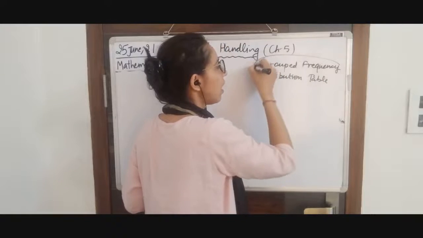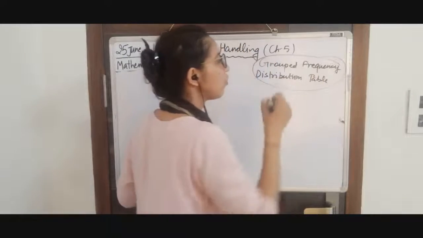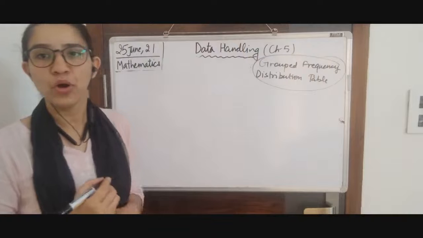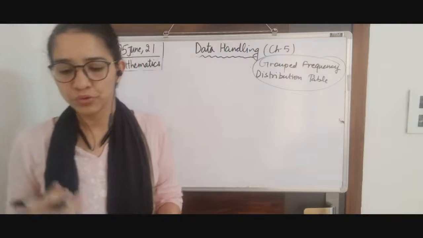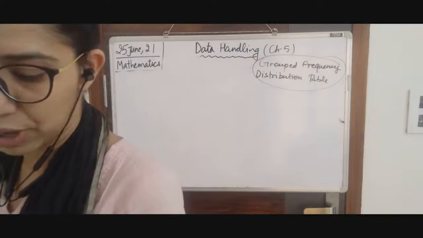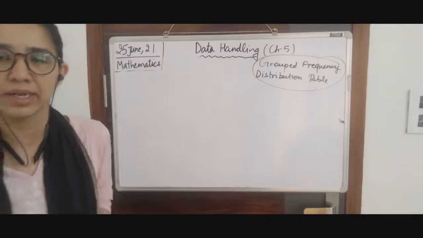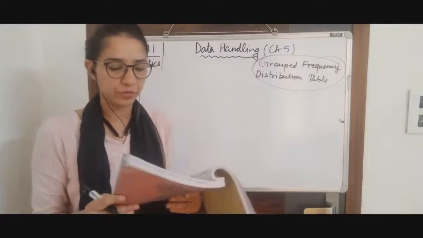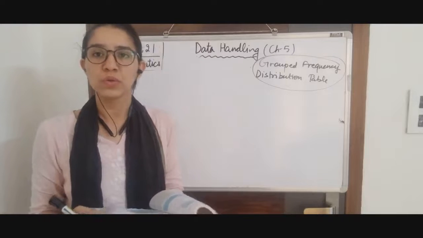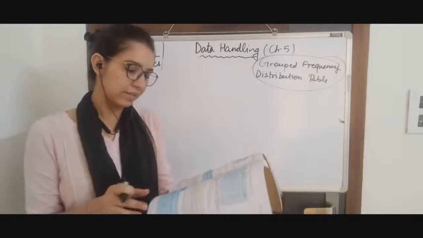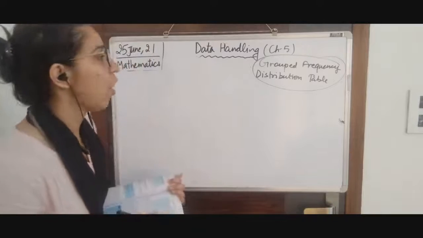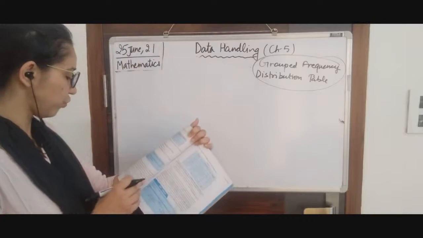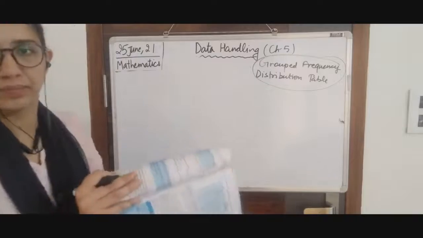While we are focusing on how to represent them, we should also focus on when to use which method. It will not be told to you explicitly that you have to use this. Sometimes it will be, but other times it won't be. So you have to use your intelligence to find out if you have to use the frequency distribution or grouped frequency distribution. Suppose we have data like this.